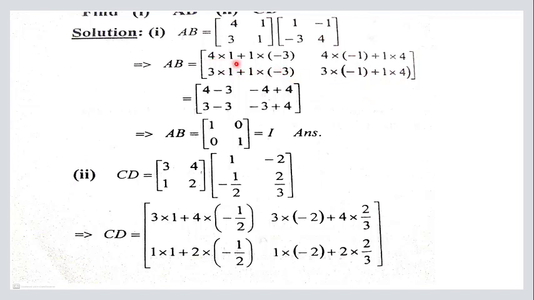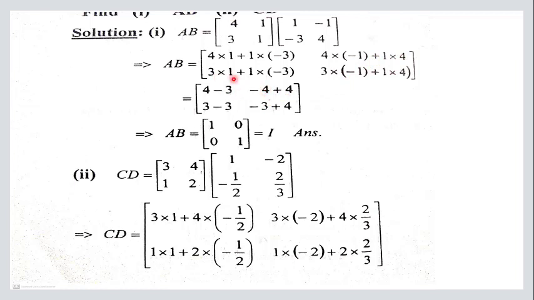Now in the next step, we just need to multiply. 4 times 1 is 4, and then 1 times 3 is 3, but it is minus 3, so 4 minus 3 over here, and then 4 multiplied by -1 is -4, plus 1 multiplied by 4 is plus 4.